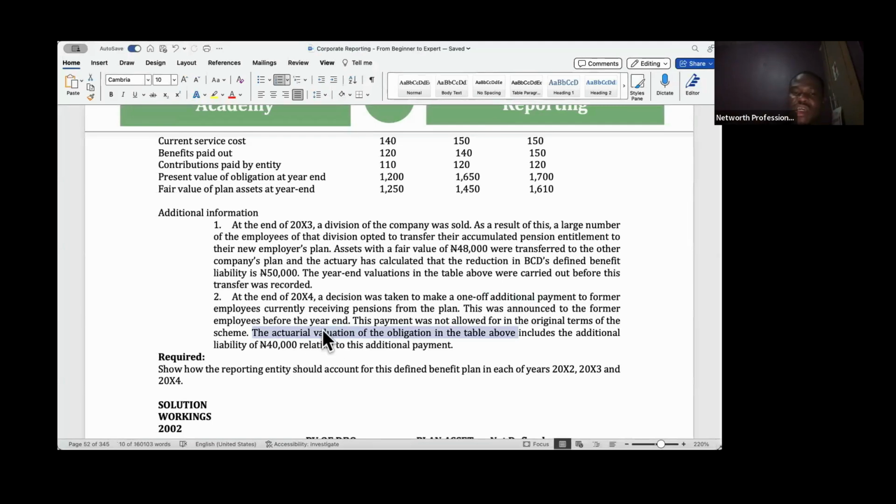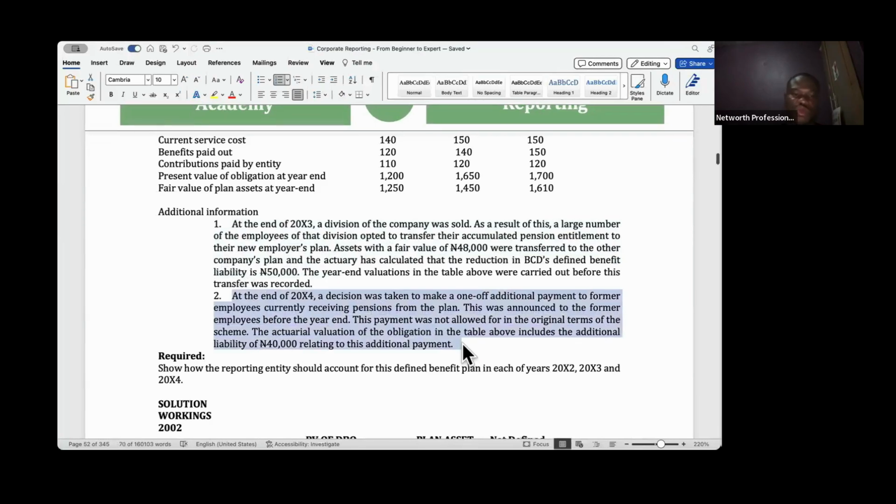So that's fantastic. And this is what I call changes in your obligation as a result of an amendment. And you just simply call it past service cost in your P&L. Okay, fantastic. So we have dissected these two, and that's what makes this question more complex than the first one.